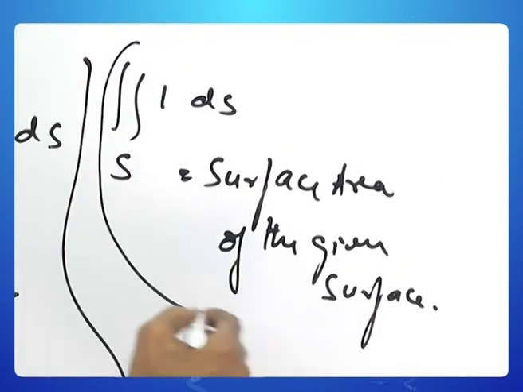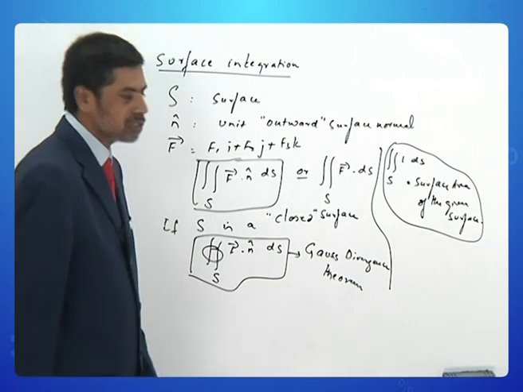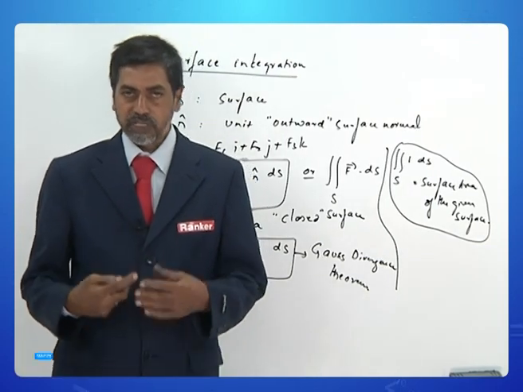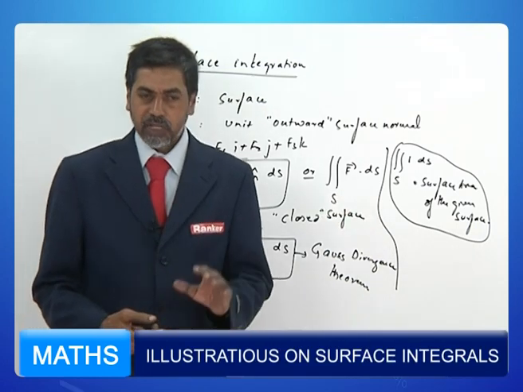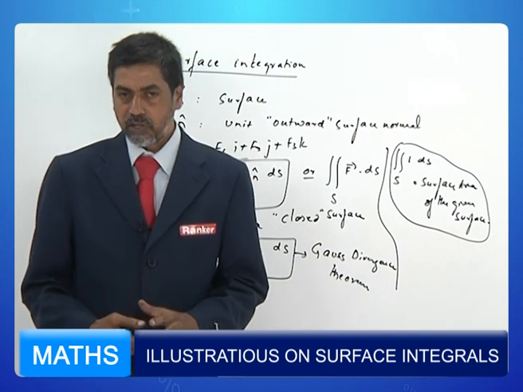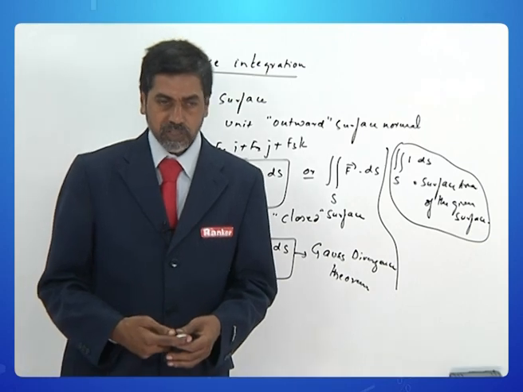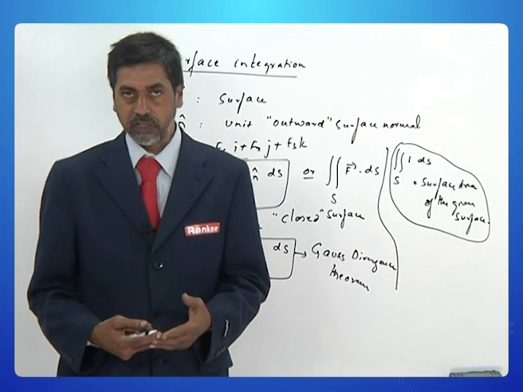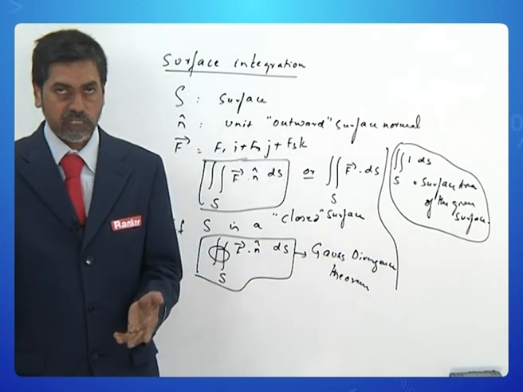So this is a special situation which may arise while doing long problems, or sometimes the problem itself may be set to evaluate the surface area. However, there are general formulas to calculate the surface area of a surface in terms of double integrals, about which I will teach you very soon. But first, let us see how one has to evaluate a surface integral, because there are too many things to be done before the integration process starts.